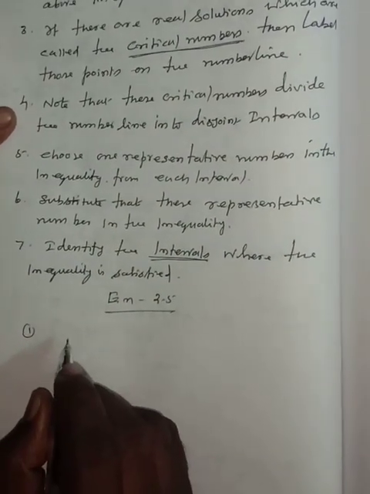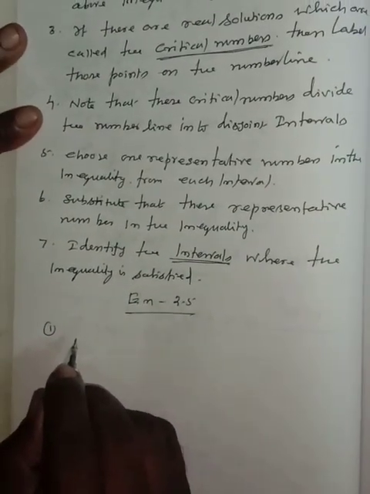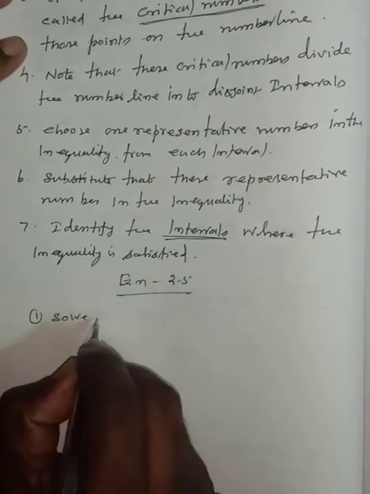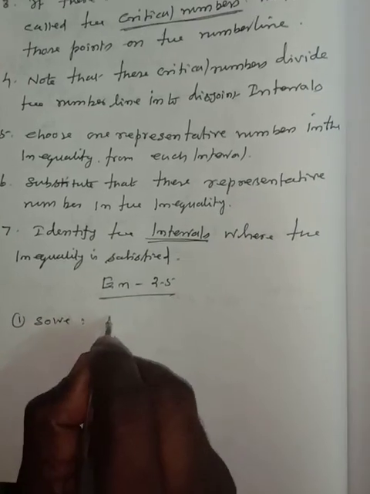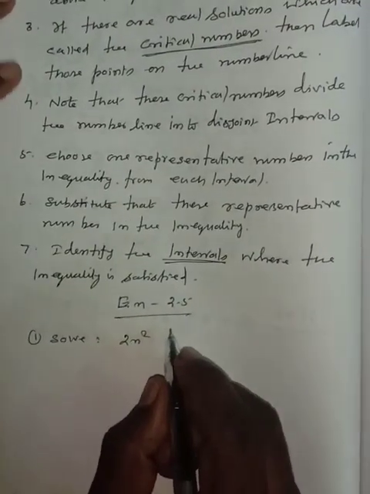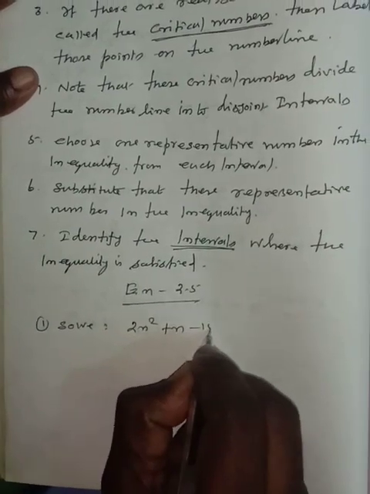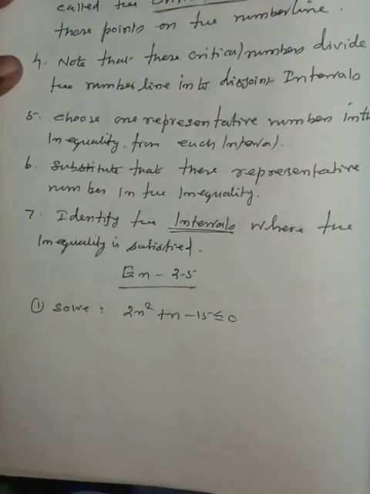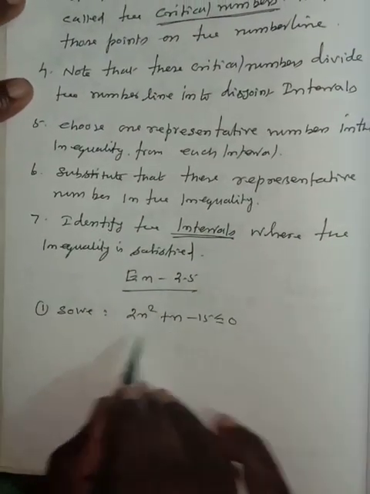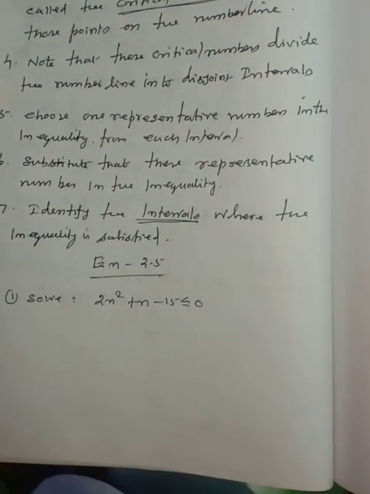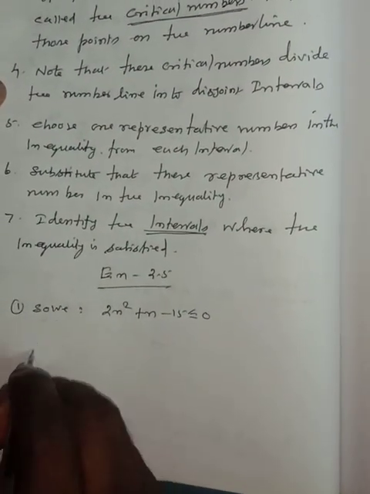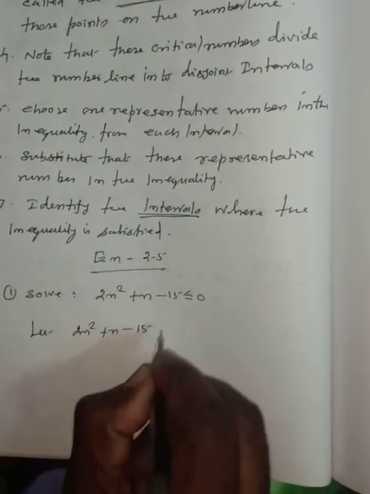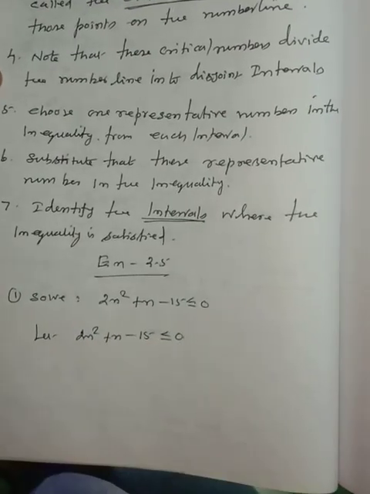Solve 2x² + x − 15 less than or equal to 0. This is a less than or equal to inequality. Therefore, the first step is equate into 0 to solve the quadratic equation. Let 2x² + x − 15 be less than or equal to 0.